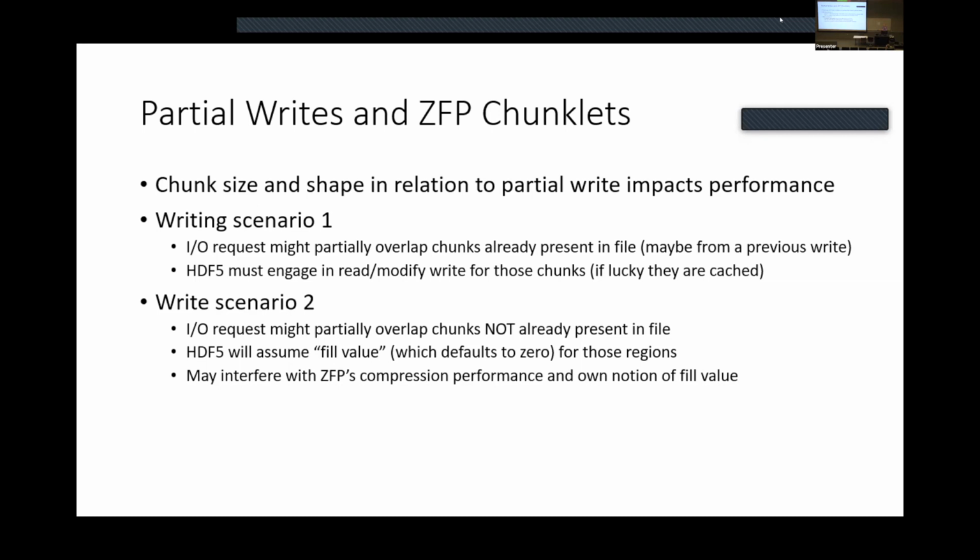But wait a minute, that's actually not possible, because ZFP decides what it thinks the right fill value is on a chunklet by chunklet basis. So nix that. You can't do it. Just understand it's a problem. It'll interfere with ZFP's ability to achieve a maximally high compression ratio. It'll basically reduce the compression ratio.